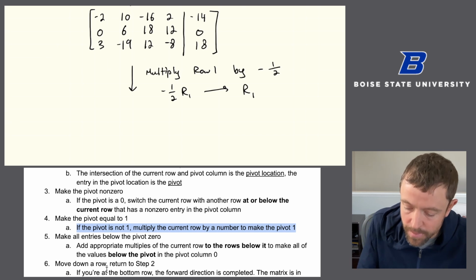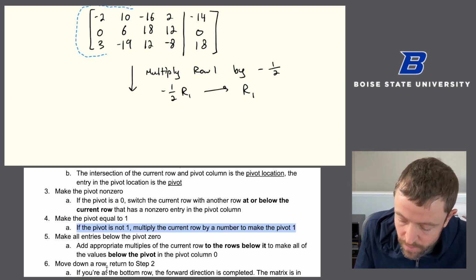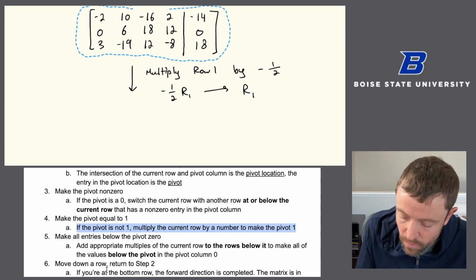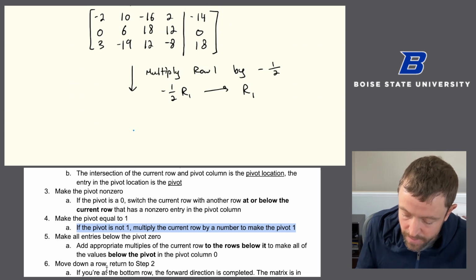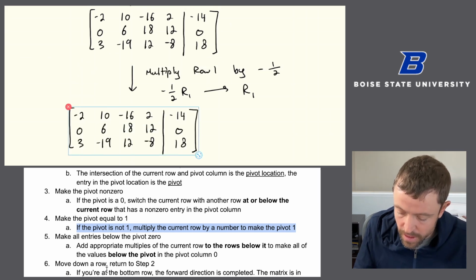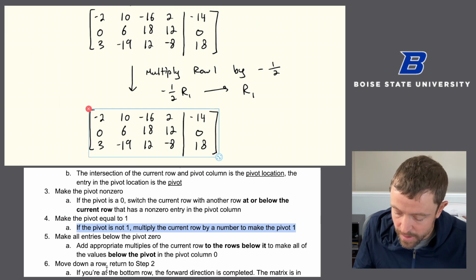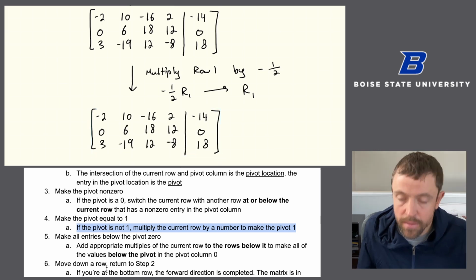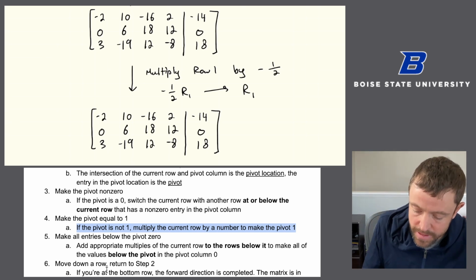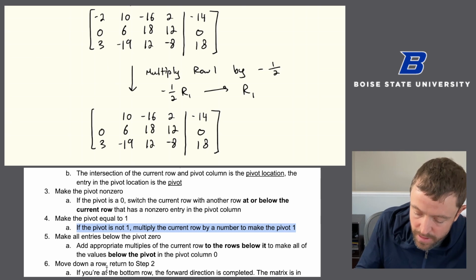All right, so here I will copy and paste this matrix. If I don't copy and paste, I'm going to make way too many errors, and it'll take a long time. So I'm going to copy and paste my matrix. And all I'm doing is modifying row 1. When I multiply this by minus 1/2, minus 2 becomes 1.